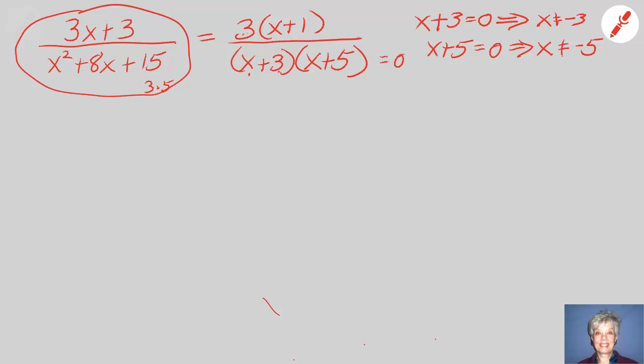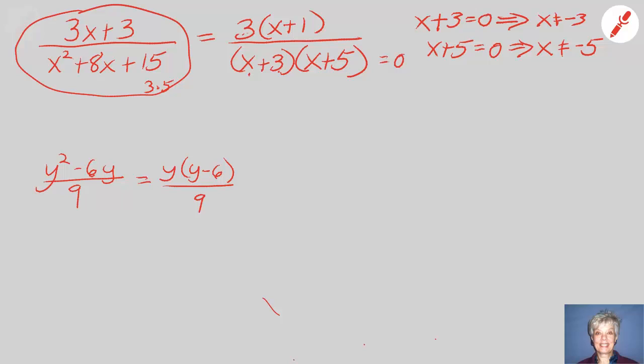Okay, one more. Let's look at one more. How about this? y squared minus 6y over 9. Well, at this point, I could certainly factor the top, and it's a good idea to always factor when you can. However, there is no letter, no variable on the bottom of that fraction. 9 is just 9.